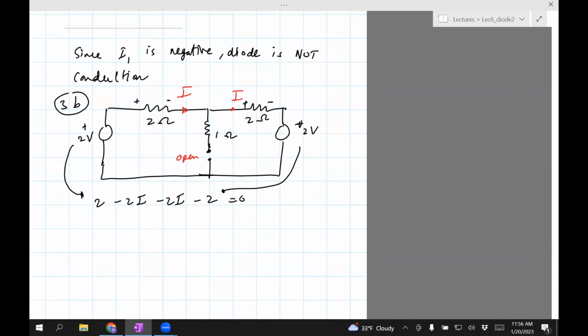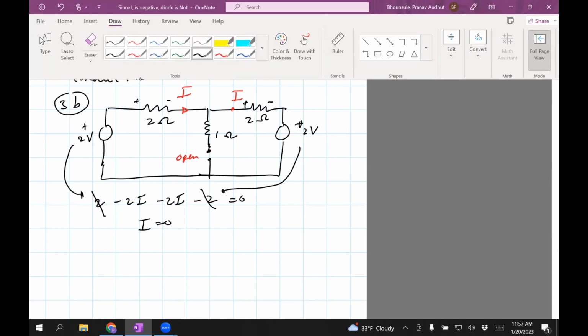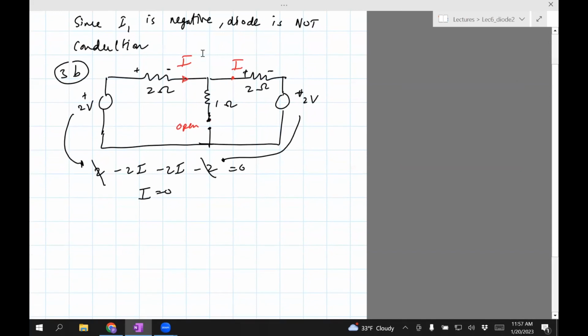All should be 0, but we see that this 2 cancels with this 2, and so we're left with I equals 0. So the net current in this circuit is 0. The solution is that currents in all branches are 0. So that's the final answer.